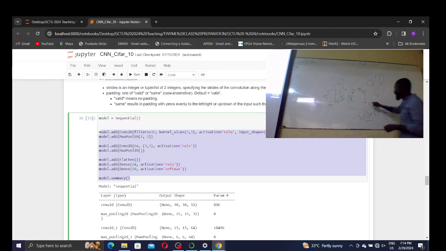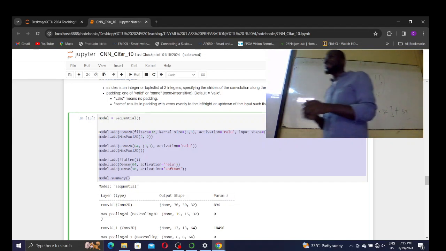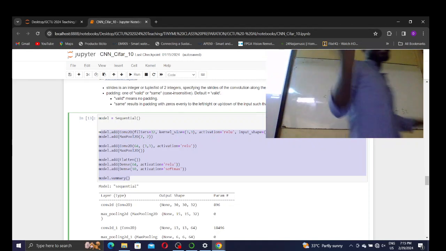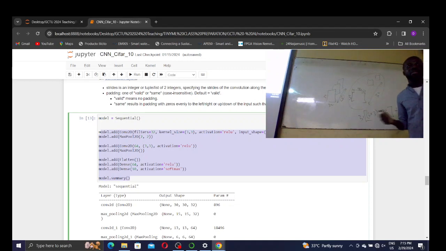So my formula will be 3 by 3 times 32. That's just one, right? Then times this 3, the number of channels. Then plus we have biases also. The biases are always the number of filters, 32. So if you do this calculation, you get exactly 896. It's confusing, but it's also easy once you understand what is happening.